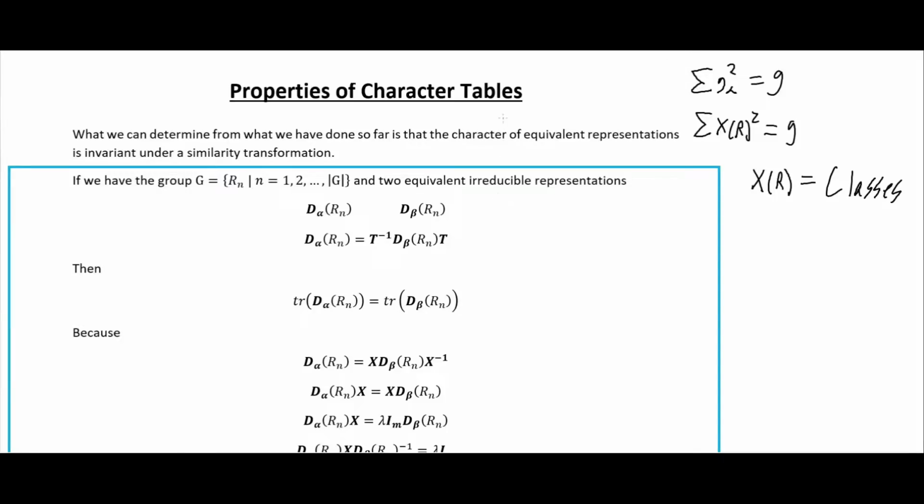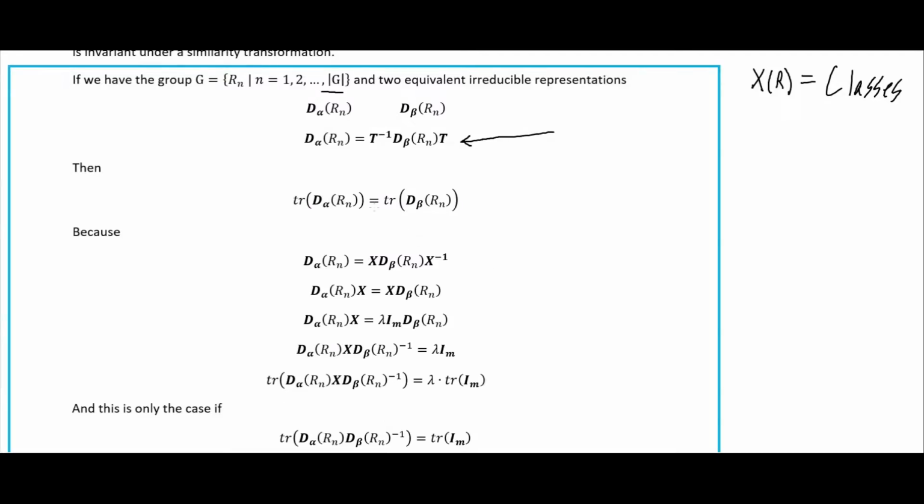All right, so if we have a group G which has order of G between the two bars like that, and two equivalent irreducible representations which are related by this similarity transformation here, then the traces of those two irreducible representations have to be equal to each other.